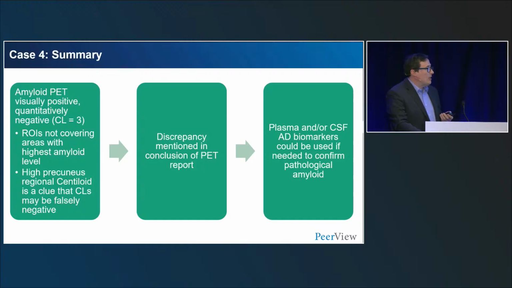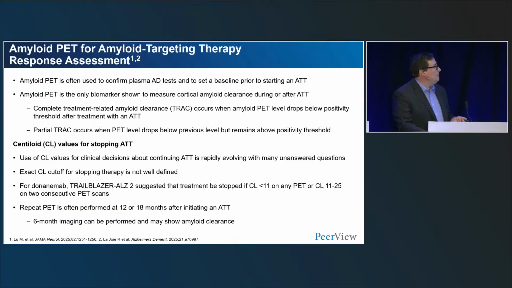You mentioned the discrepancy in the PET report. And if it's important to resolve this, comparing with plasma or CSF values could be done. So in terms of therapy response, we're often using it to confirm plasma Alzheimer's disease testing and set a baseline prior to amyloid-targeted therapy.